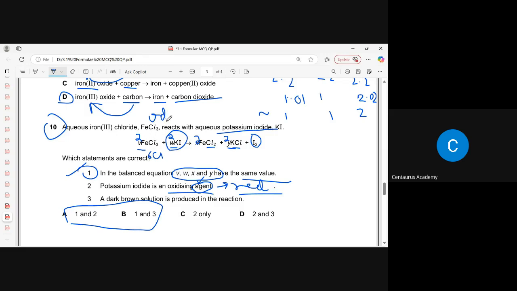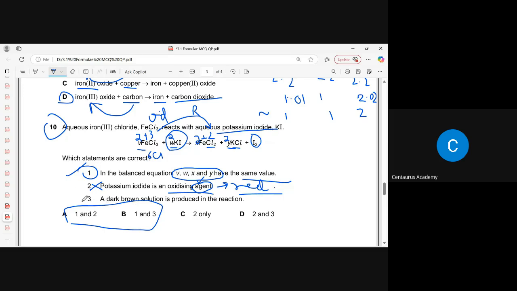Is FeCl3 being oxidized? Let's check. Iron here has an oxidation state of +3, and here it has an oxidation state of +2. There is a decrease in oxidation number. Is this being oxidized or being reduced? It is being reduced. So potassium iodide cannot be an oxidizing agent, and particularly speaking, potassium iodide is actually a reducing agent.